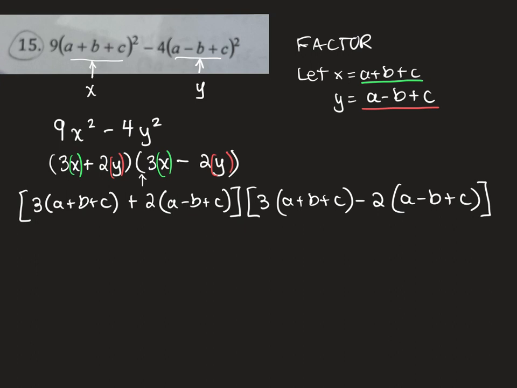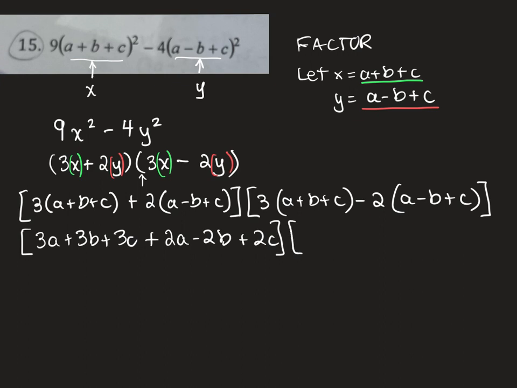All right, now we have some cleaning up to do. We want to drop those round brackets inside there by multiplying things through. So we would have 3a plus 3b plus 3c. That takes care of that multiplying, plus, and now we multiply the 2 through, 2a minus 2b plus 2c.